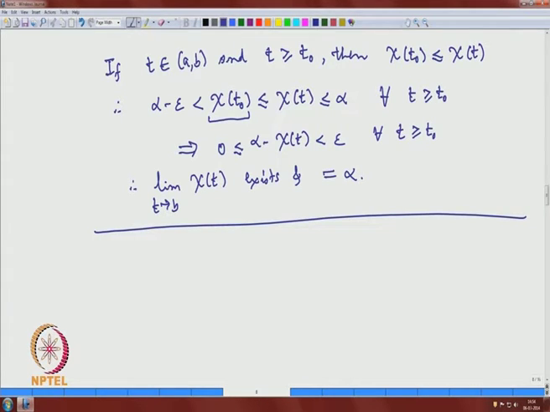And next we are going to discuss differentiation under the integral sign.